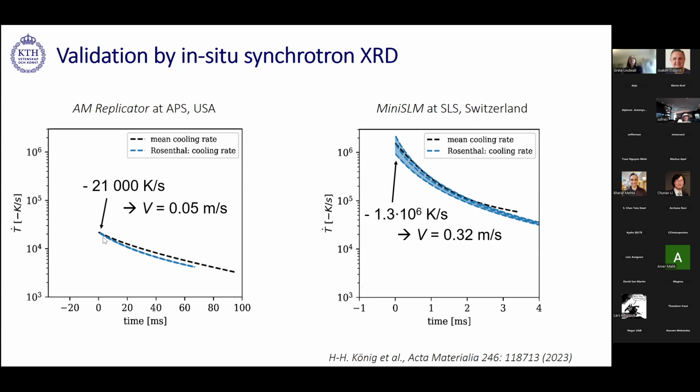In the case of the AM replicator, the solidification velocity is in this range. And for the mini SLM, where we have the faster scanning and higher power, we had a faster solidification velocity.